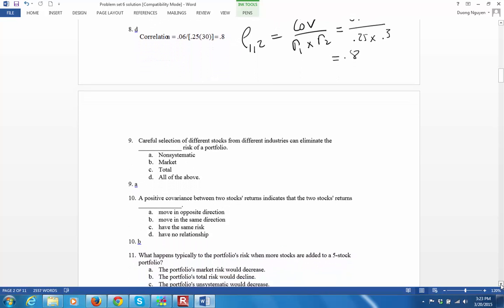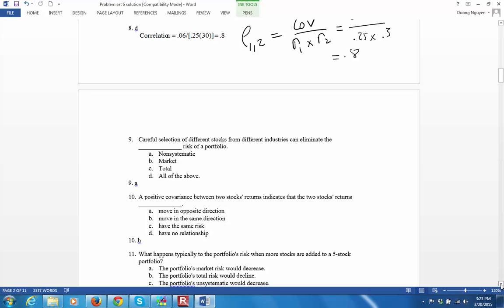Number 9, if you choose stocks from different industries, you can eliminate the non-systematic risk. Let me review a little bit about the risk. You have total risk, and total risk has two types. One is market risk, which is the uncertainty at the market level. The other is firm-specific risk, which is the uncertainty at the firm level.